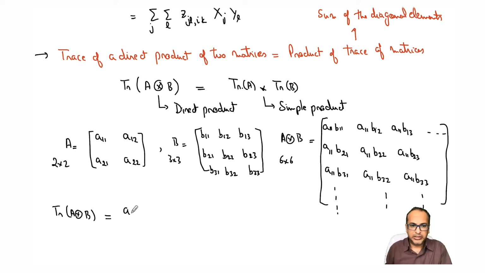So that means this is A11 B11 plus A11 B22 plus A11 B33, and in the right hand corner, we get A22 multiplied by all of this.